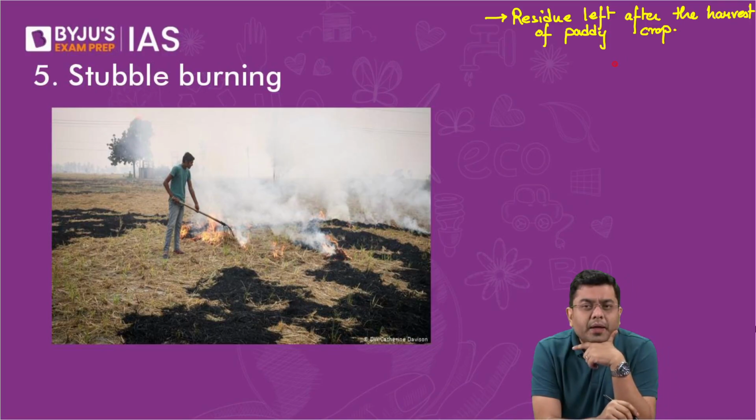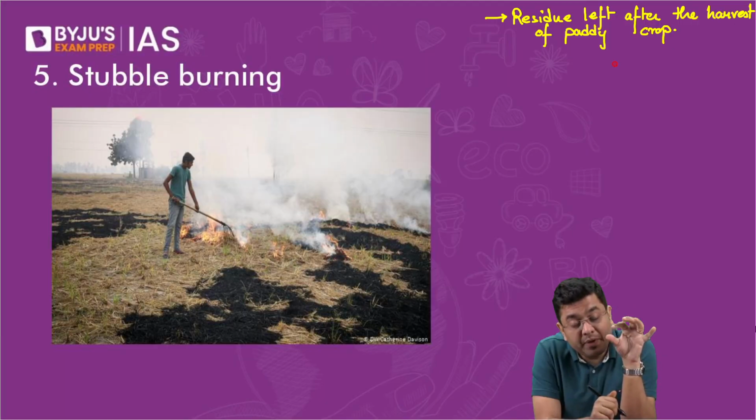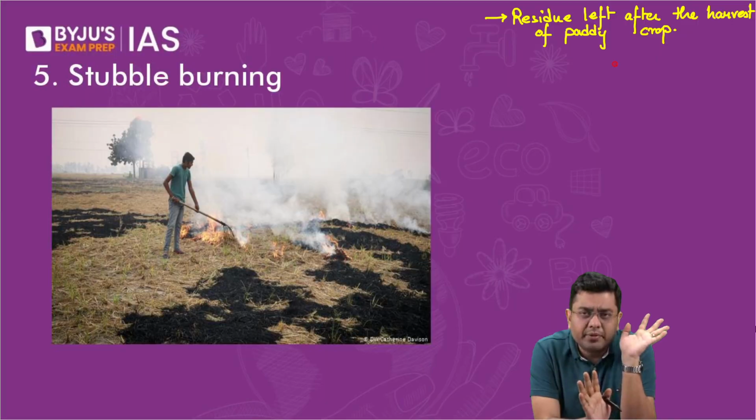Right. Now, why is it that people have to burn this stubble? This is something that you don't find in the southern part of India. In the southern part of India also you grow paddy, but you find this phenomenon to be prevalent only in the northern part of the country. Every year this happens.